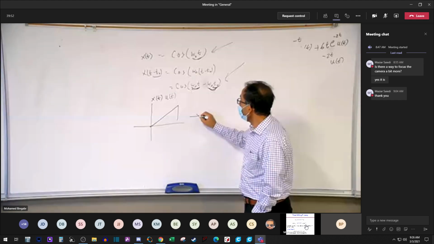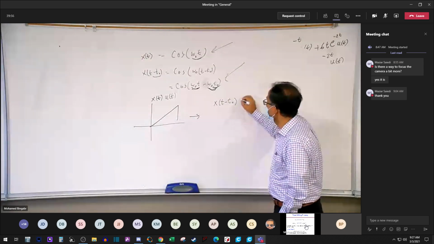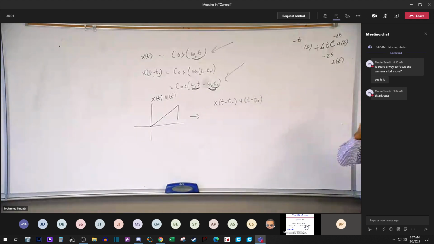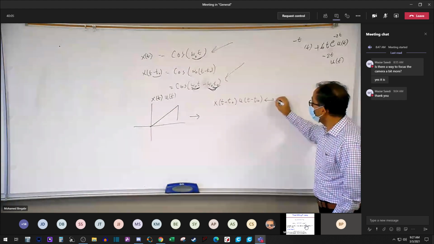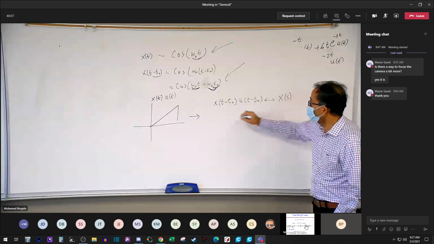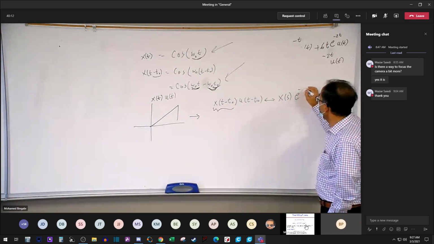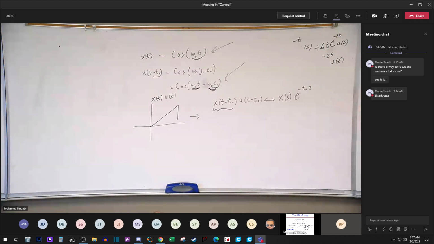Now, if I delay these, I have to be careful. It's x of t minus t0, u of t minus t0. And the Laplace transform of this delayed one will be just x of s e to the minus t0 s, which is the same as here. If I delay all of them, then I get this one.